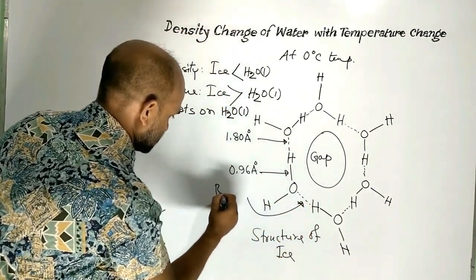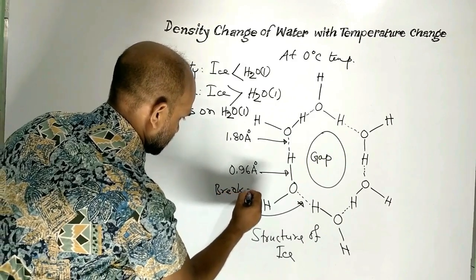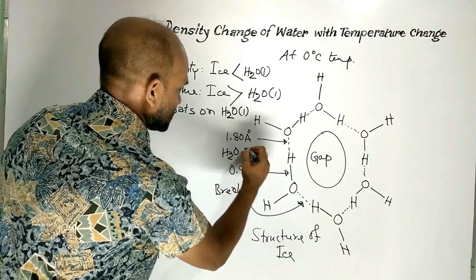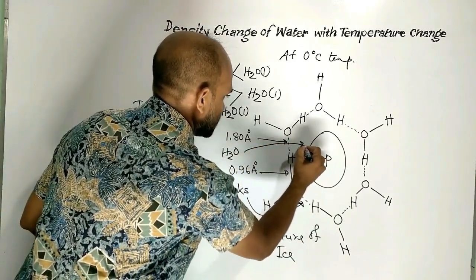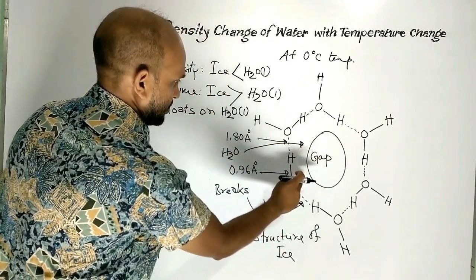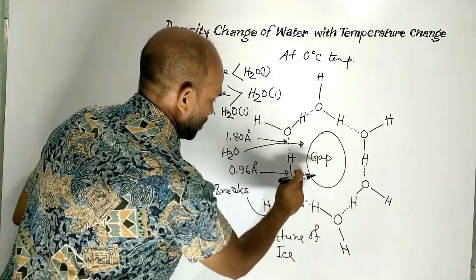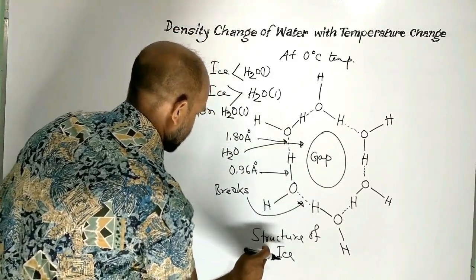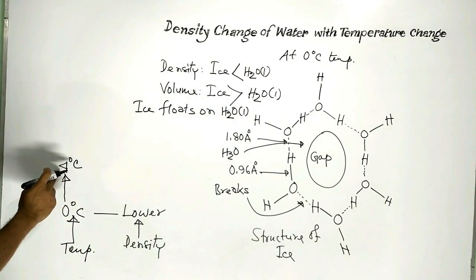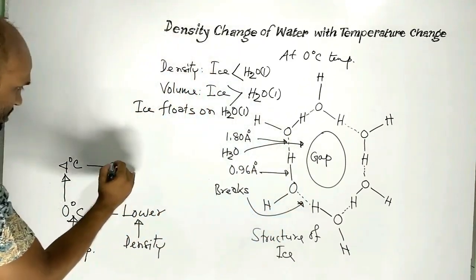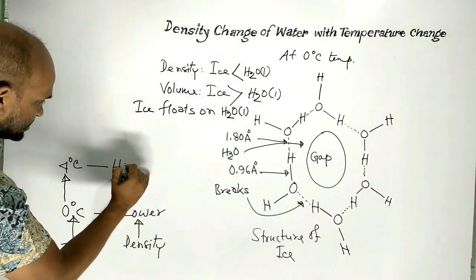break and some water molecules intrude in the gap. Water molecules enter the gap of ice. As a result, at 4 degrees Celsius temperature, density of water becomes highest.